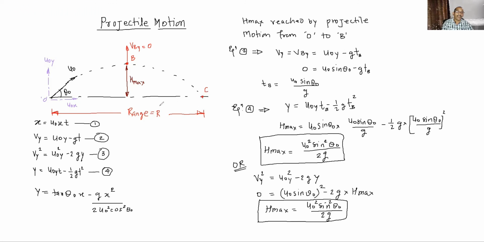To find this range R, you must know how much time it takes to reach location C. For that purpose, if we use the fourth equation and put y equal to 0, you will get the time required to reach location C. Therefore, now we will apply equation number 4 for motion from O to C.